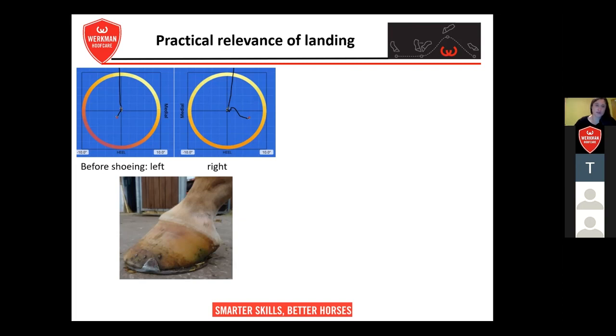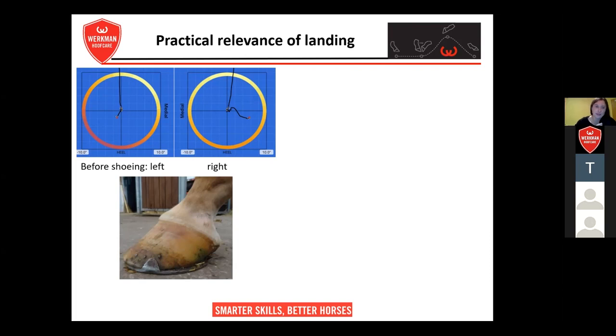So you see the left and the right hoof of one horse, the front feet. And you can see there's a little black line, and this line represents the movement of the hoof on the ground during stance phase. In this case, this little red triangle is the beginning of the line, and this represents initial contact.